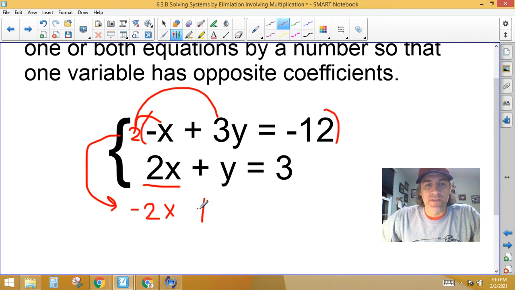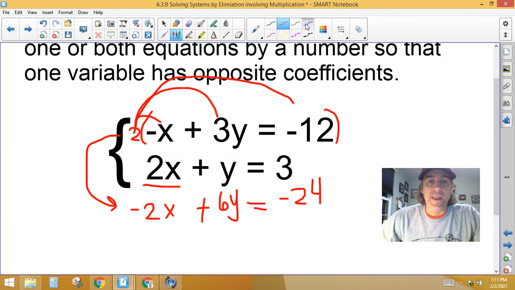I would get plus 6y. And I can't forget the final piece, equals negative 24. So this top equation and this bottom equation in red is the same exact equation, but it's just twice as big.